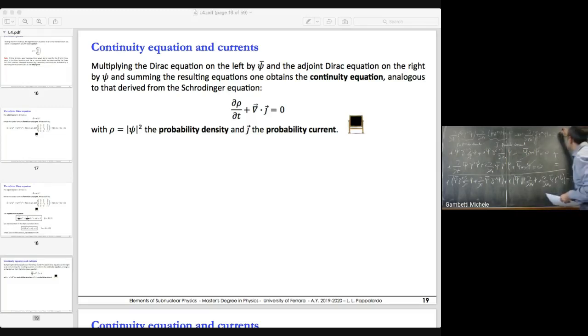And now this j^mu, which is defined in this way, where mu goes from 0 to 3, is the four-current, or four-probability current. Okay, it's a four-vector.